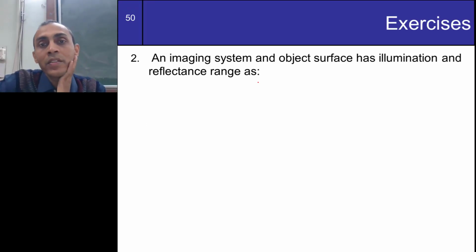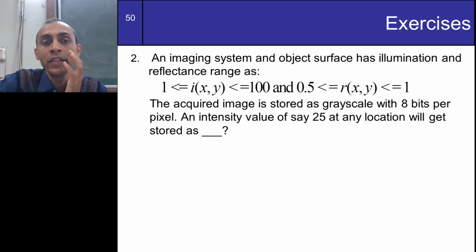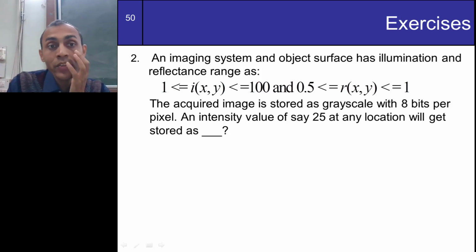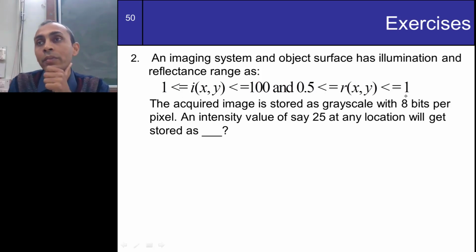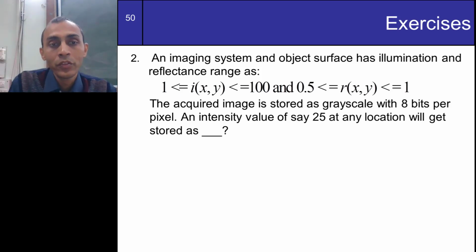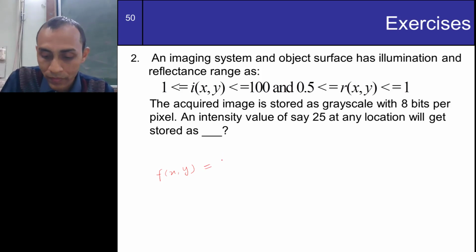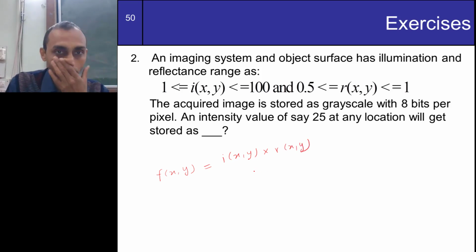Consider an imaging system, an object surface which has the following illumination and reflectance range. The illumination range goes from 1 to 100 and the reflectance range goes from 0.5 to 1. Remember our simple photometric model: f(x,y) is a simple multiplication of i(x,y) and r(x,y).